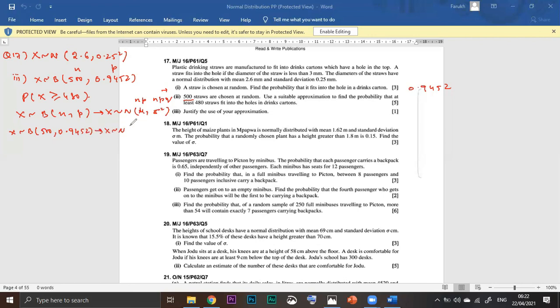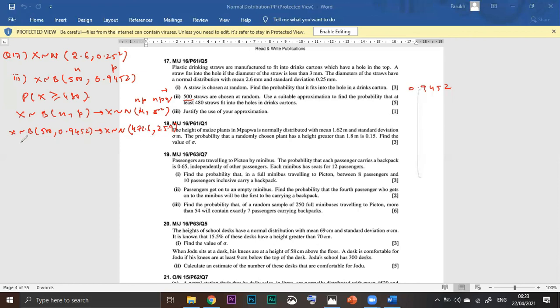What is np? 500 into 0.9452 is 472.6. And npq, where q is 1 minus p, is 25.9. Now we have the mean and the variance of this distribution.